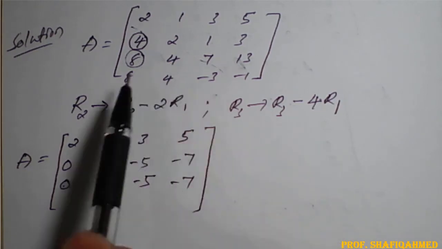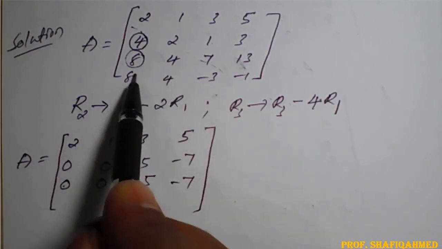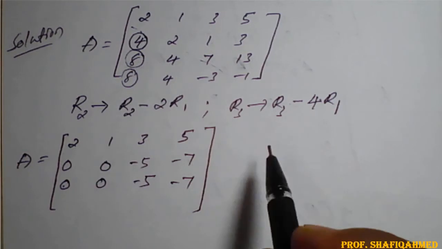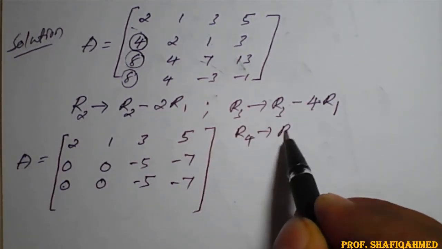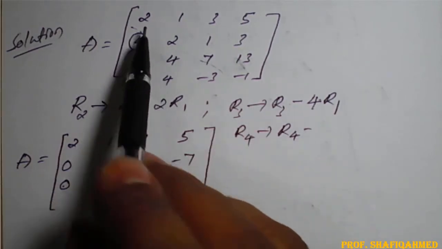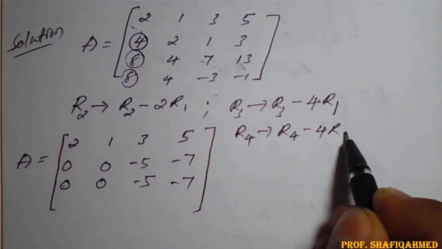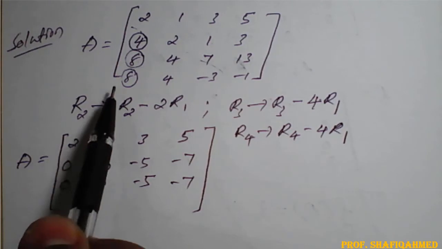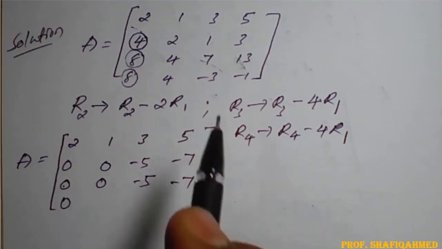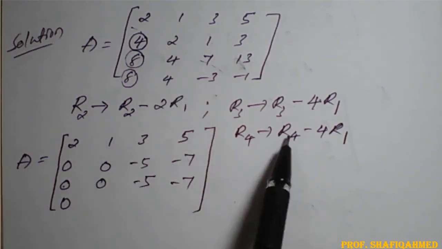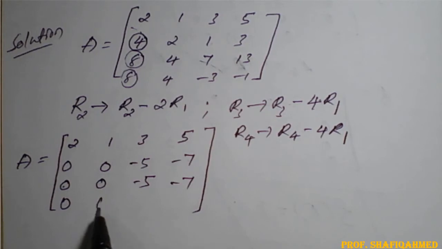Next, again fourth row also we can make this element also 0 on applying the formula R4 is equal to R4 minus same formula again, that is 4 times R1. So elements will be, so 8 minus 8 is what here? 0. Then 4 minus 4 will be what here? 0.